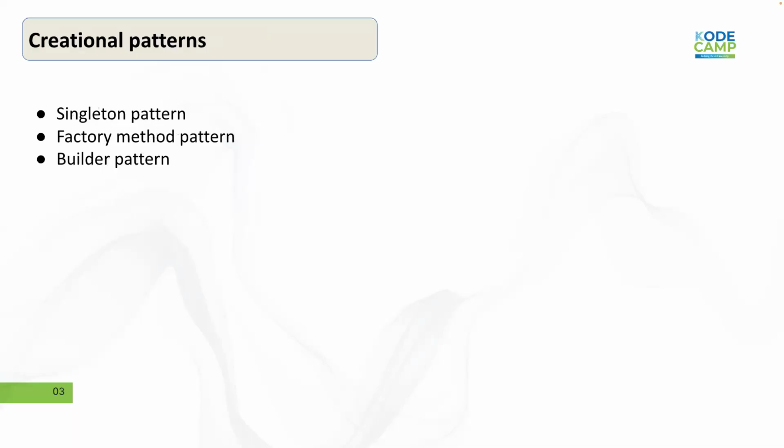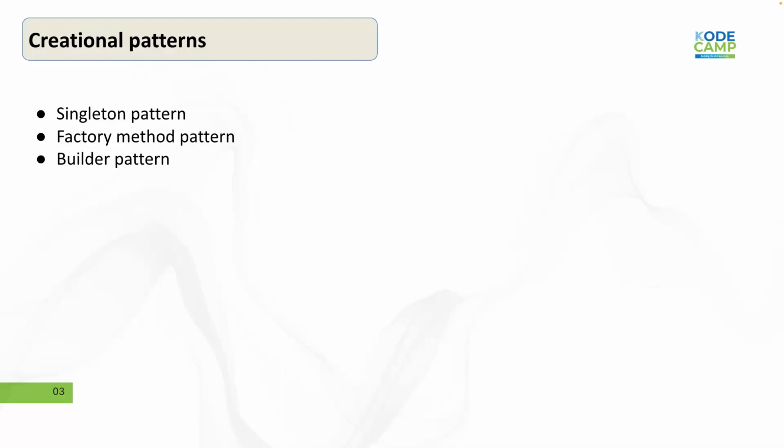Okay, so moving on, we have the first pattern on our list, which is creational patterns. We briefly discussed creational patterns, but we'll brief on them right now before we look at the singleton pattern, other creational patterns, factory method pattern, and builder pattern.